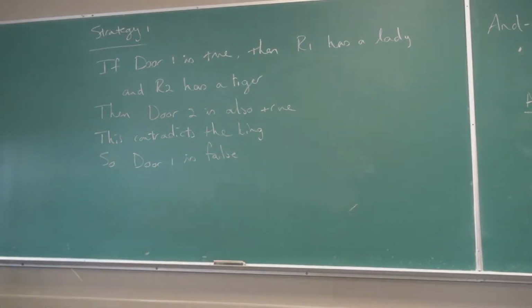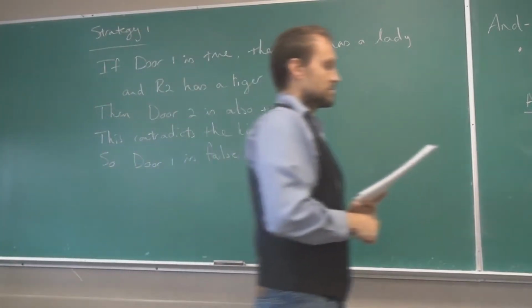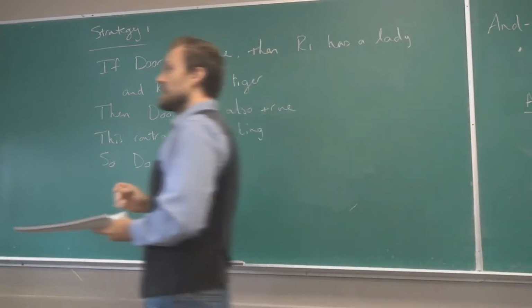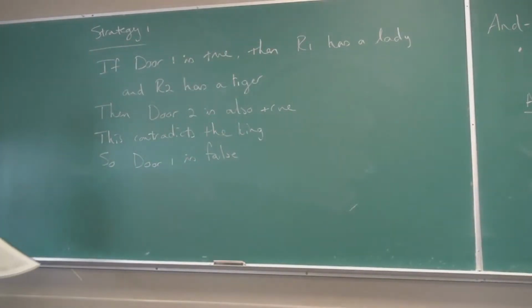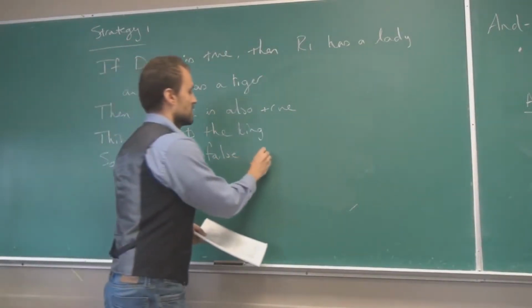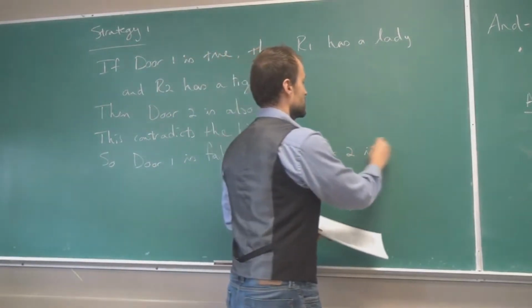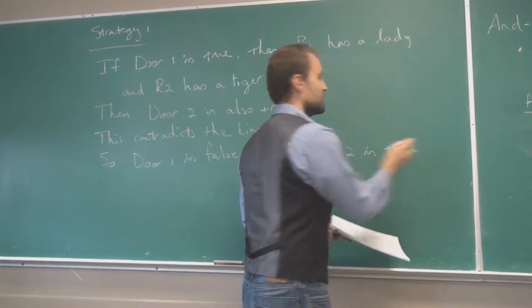Now what did door 1 say? Door 1 said, in this room there is a lady, and in the other room there is a tiger. That's not true. But the king says one of the signs is true. So door 1 is false, but door 2 is true, because the king said one of them is true.